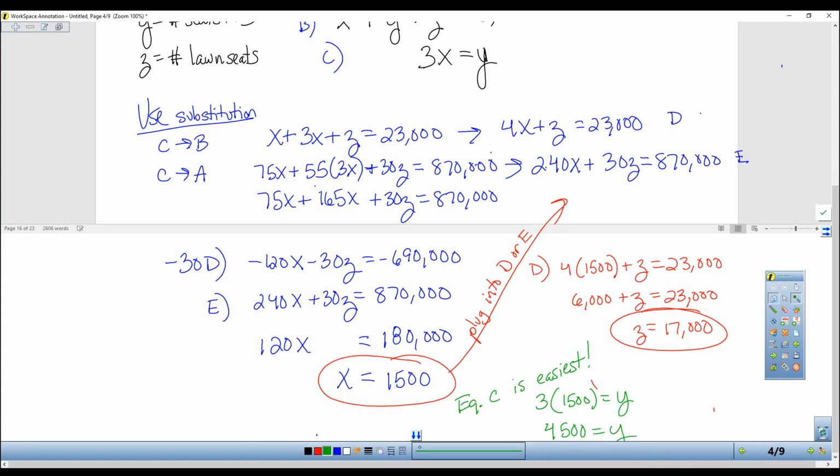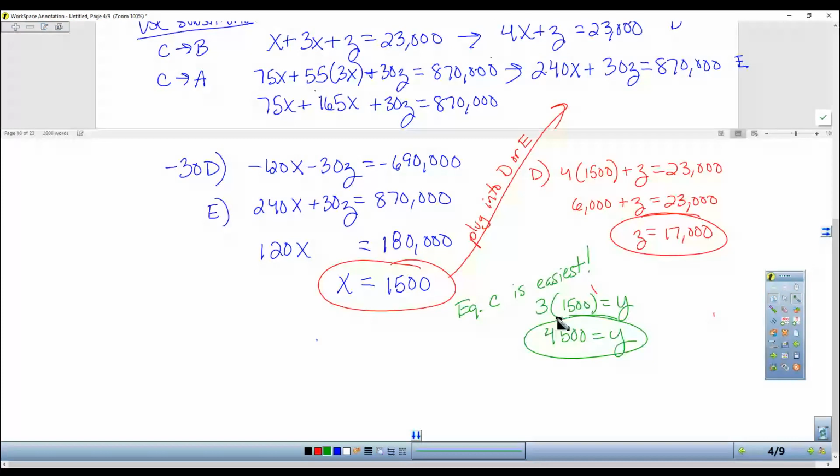Now, you are not going to write this as an ordered triple. Instead, you're going to answer the question as a word problem. If somebody walked up to you and said, how many seats are in each section? And you said 1,500, 4,500, 17,000, that's not an answer.